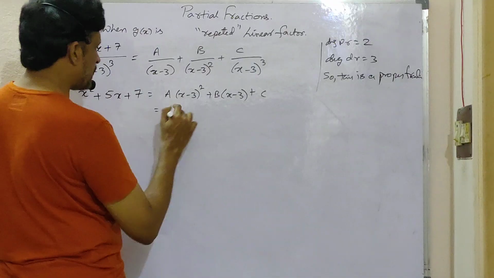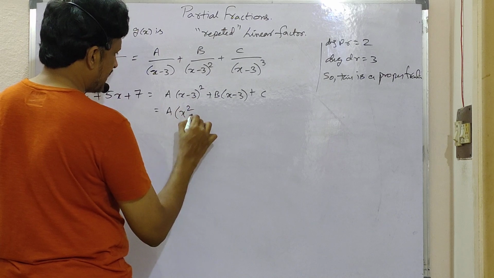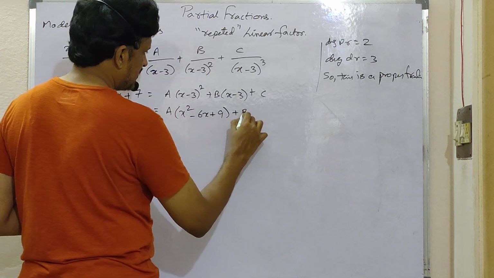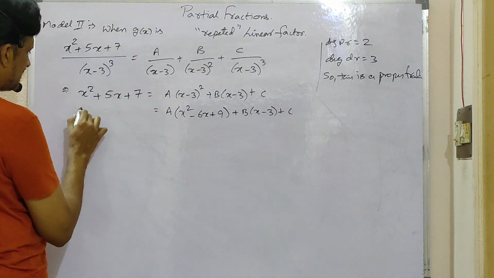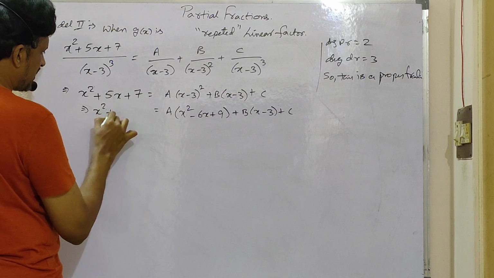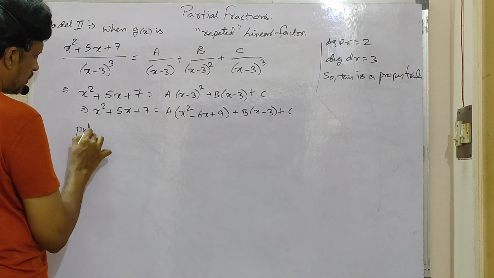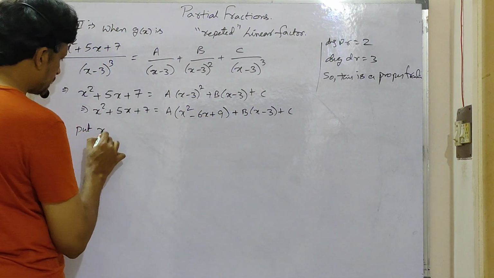So first write this expansion. This is a into x minus 3 whole square, which is x square minus 6x plus 9, plus b into x minus 3 plus c, which is equal to x square plus 5x plus 7. Now, to eliminate both a and b, put x is equal to 3.